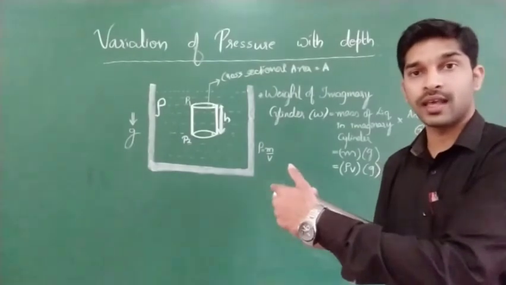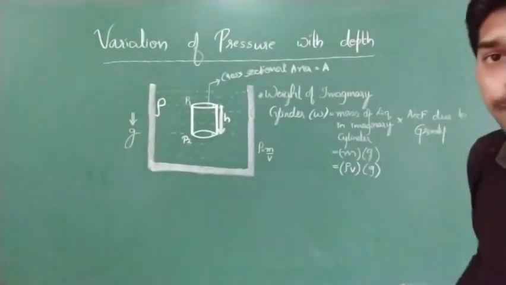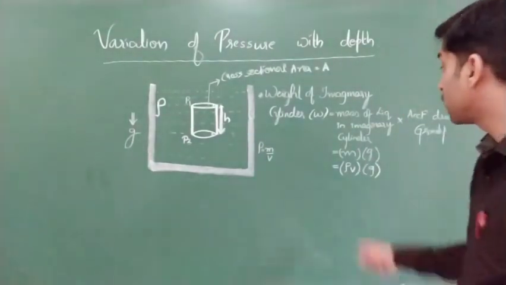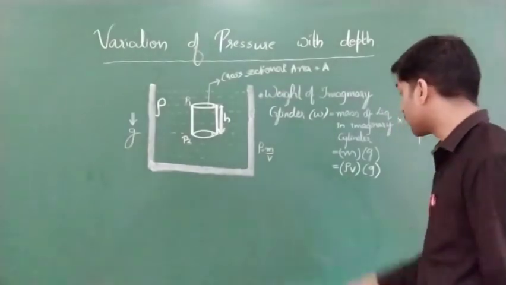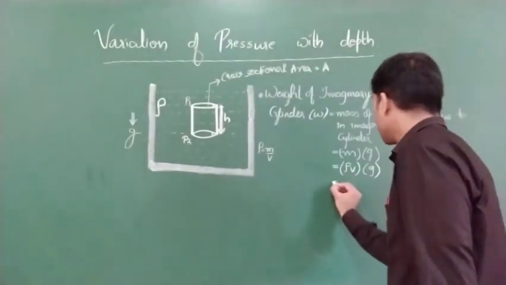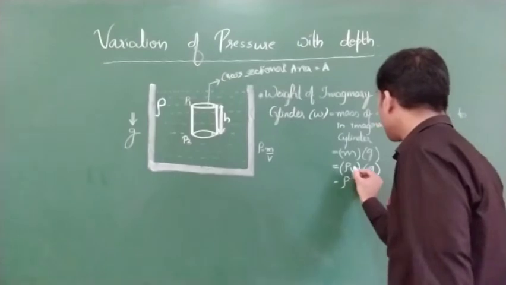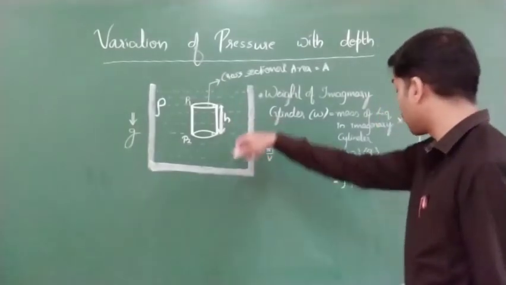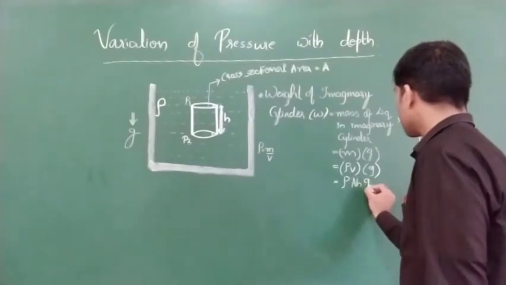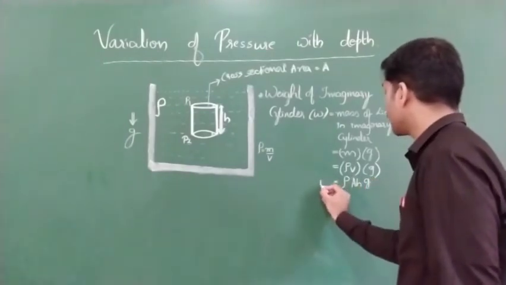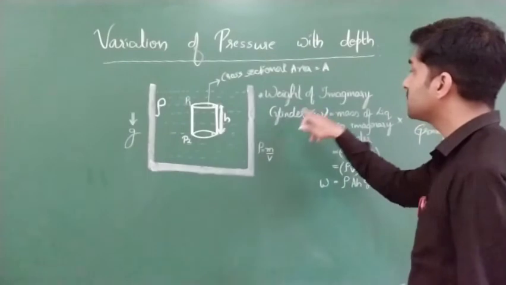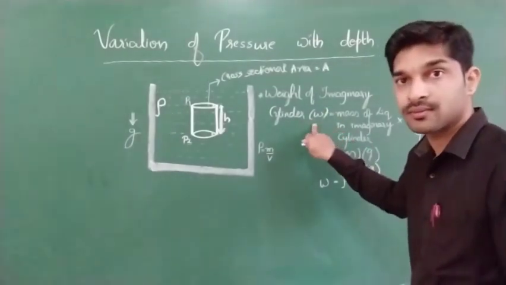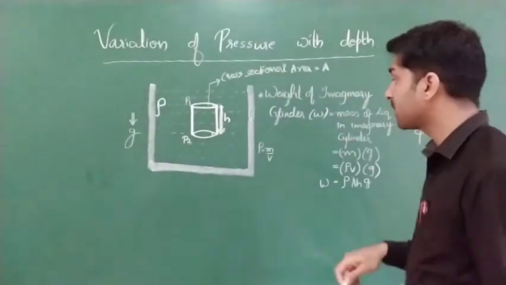A into L, correct? Based on that, I am going to change this volume factor. So here, density as it is, volume is nothing but area into height of this column, into G. This is nothing but the weight of the imaginary cylinder. Clear? I hope you are getting it.